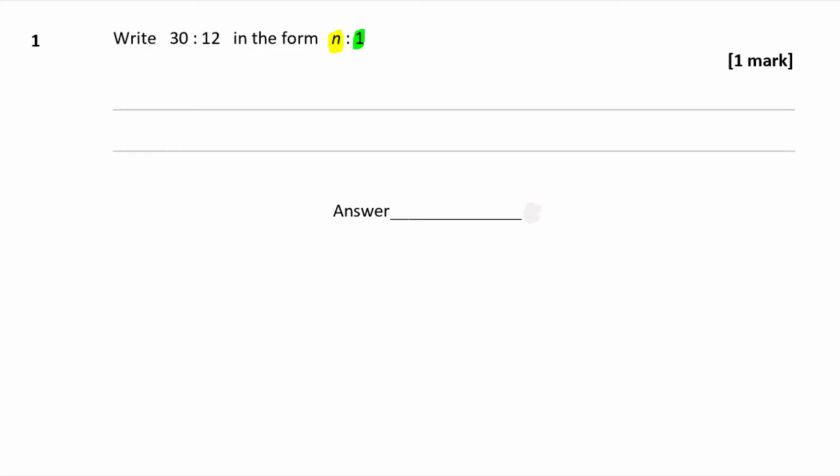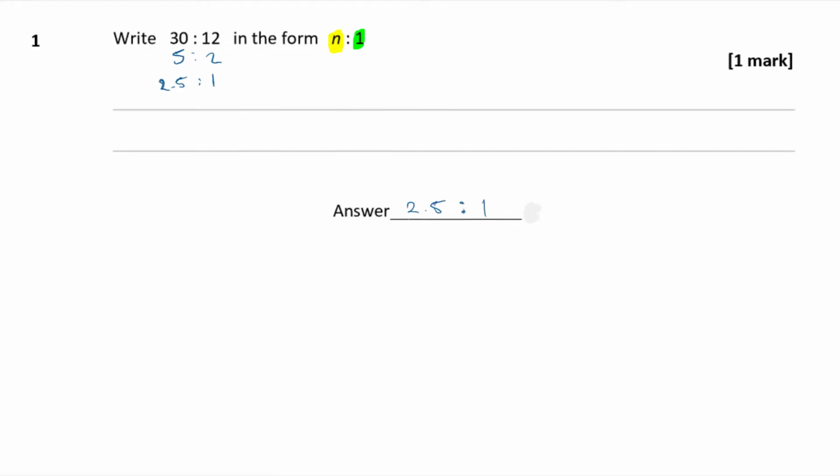And that would give me 5 to 2. Okay, but that's not enough. This second number here needs to be 1, even if it breaks that 5 into a decimal number. So actually it's going to be 2.5 to 1. That's the answer. Okay, so 2.5 to 1.